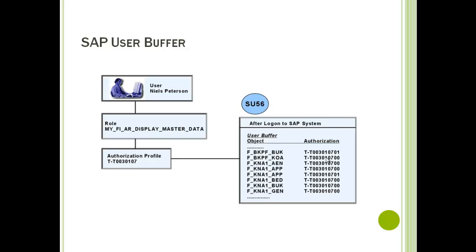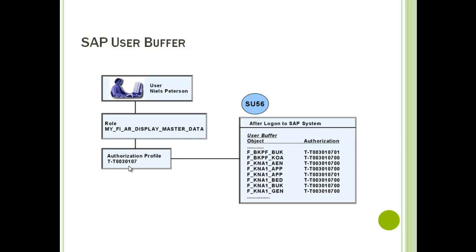As we have seen, the user buffer is basically the authorizations assigned to the user, meaning the roles are not directly assigned to the user, but the authorization profiles are. The user buffer always has all these authorization profiles assigned to the user. This is also very important: do not assign so many authorization objects to the user if it is not necessary.